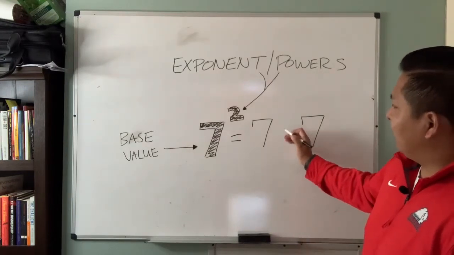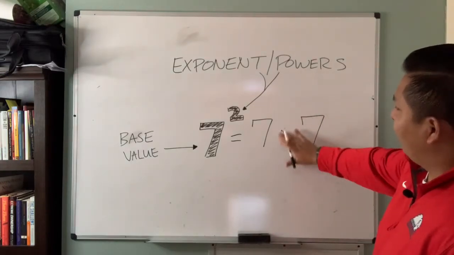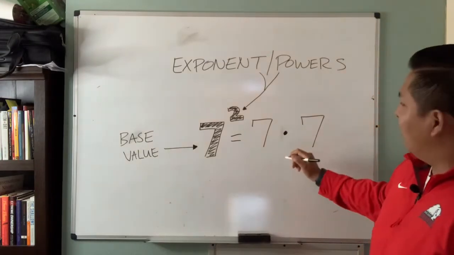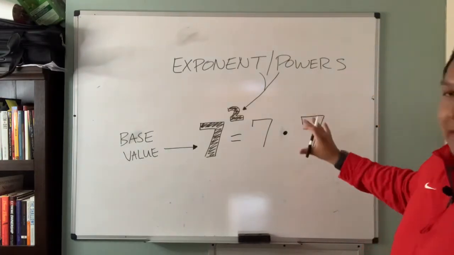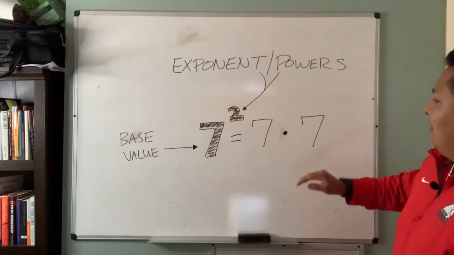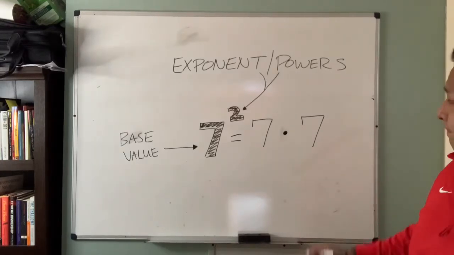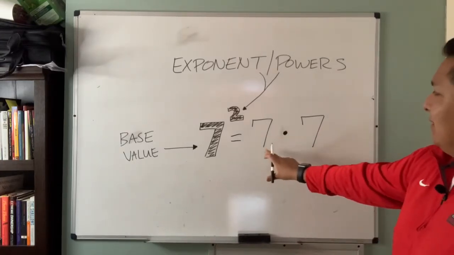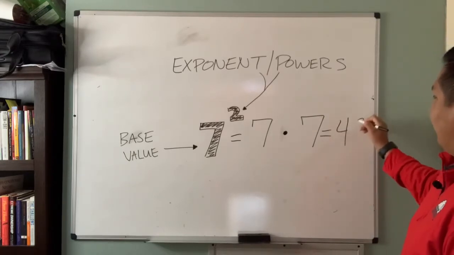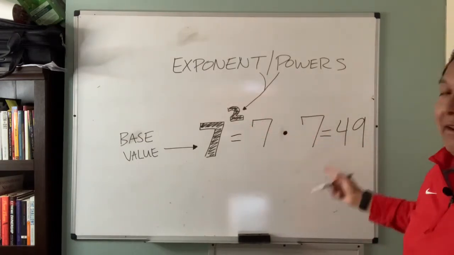For the multiplication symbol, a lot of people use an X, or you could use a circle or dot in between them. We'll talk more about multiplication symbols later. Now all you do is multiply. 7 multiplied by 7 is 49. So 7 squared equals 49.